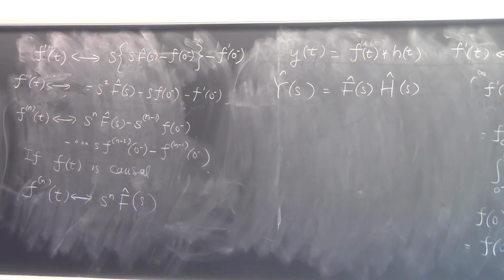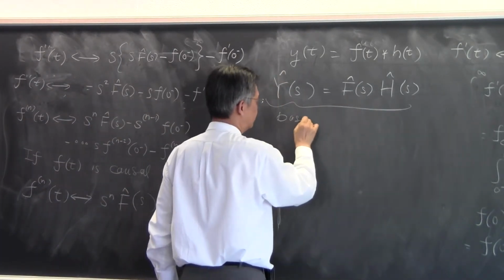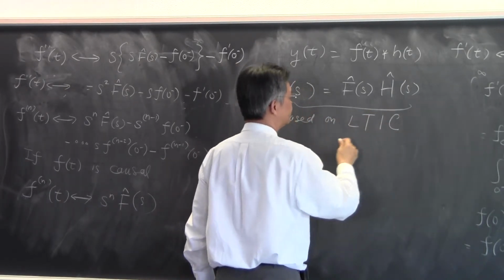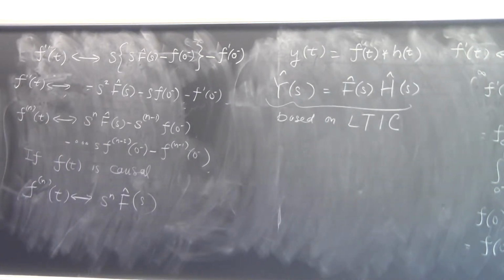There were some examples, examples 11-14, that make use of this convolution property. This convolution property is derived based on causality, for a linear time invariant causal system. If the system is not causal, this derivation does not go through. So if you have something that's non-causal, do not use this convolution property.